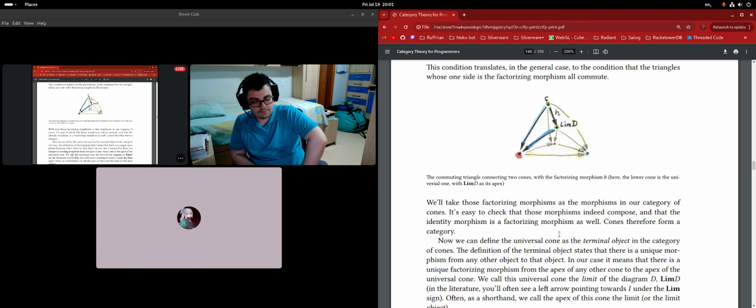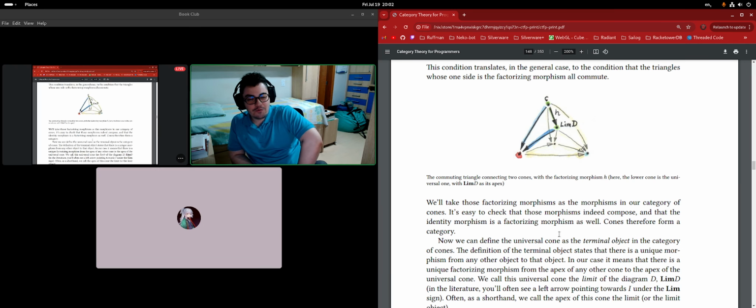And this is kind of the same thing, except there's more moving parts to it. And they call it lim D because we're going to get to that word later, but it's the limit of the diagram. And the diagram is D because it starts with the letter D, so let's just pick the first letter. That's what we do in math, right?